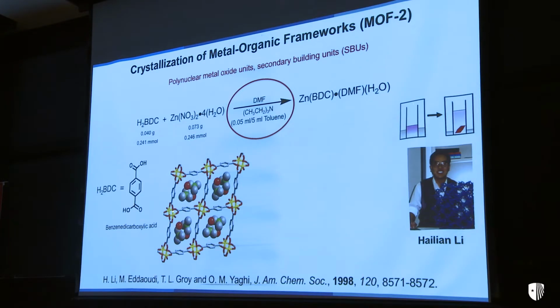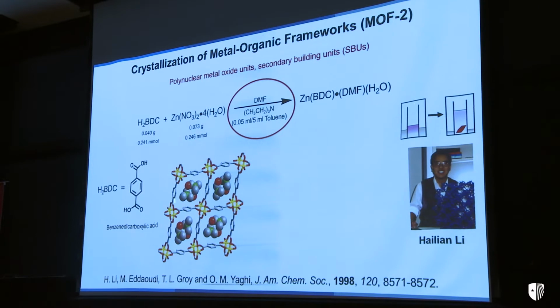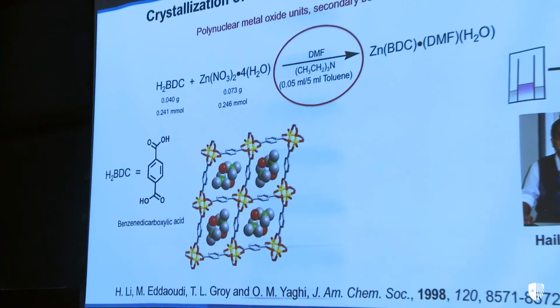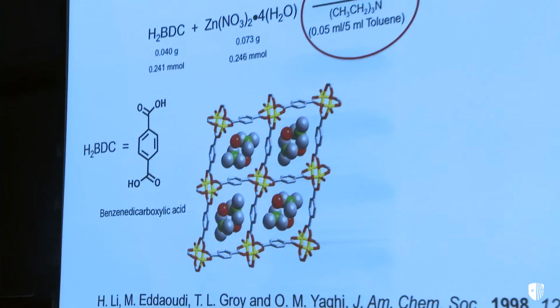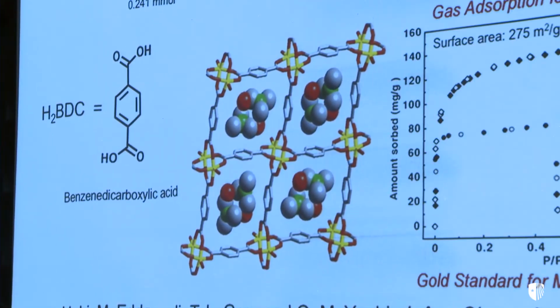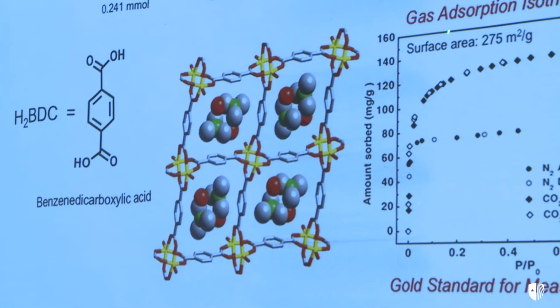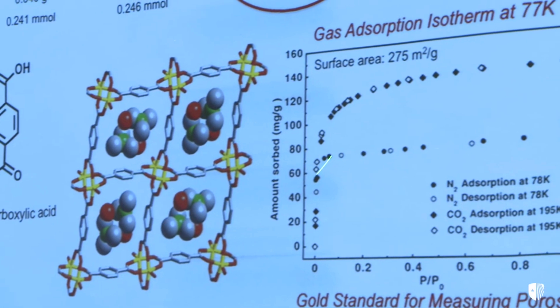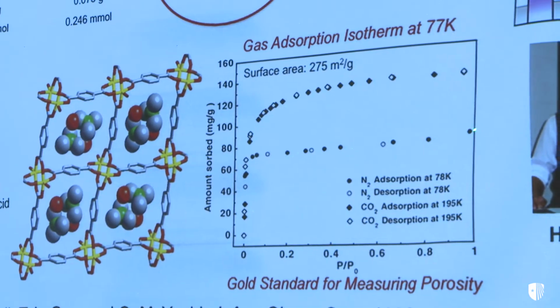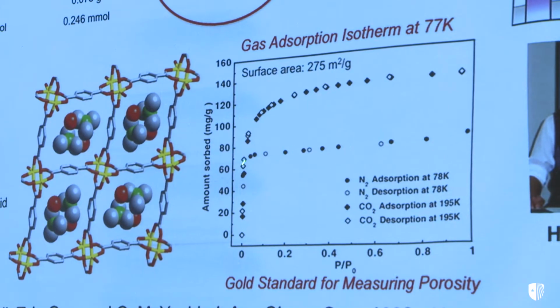This structure is basically a square grid structure with the pores filled with DMF molecules. And the big question was, if I remove the DMF molecules, will the structure remain open or will it collapse? To do that, you have to do what is called a gas adsorption isotherm. Here you see nitrogen going into the pore, and in the open circles coming out of the pores.